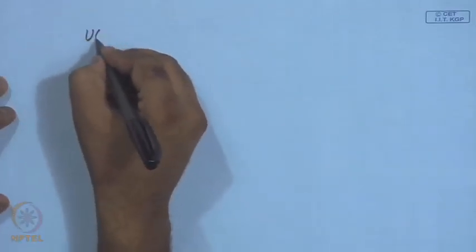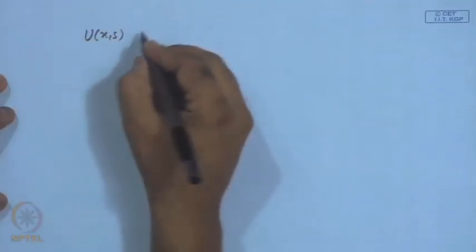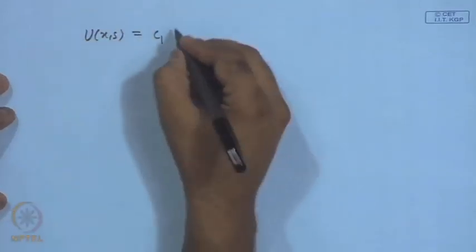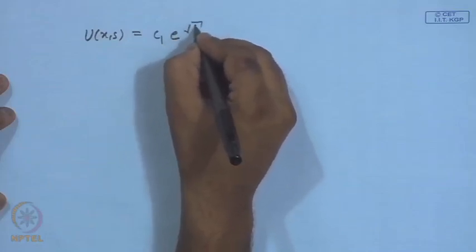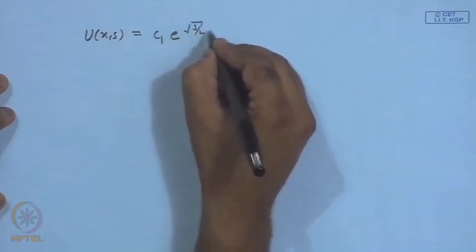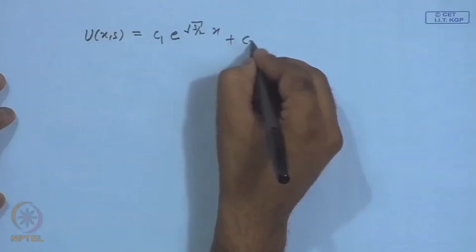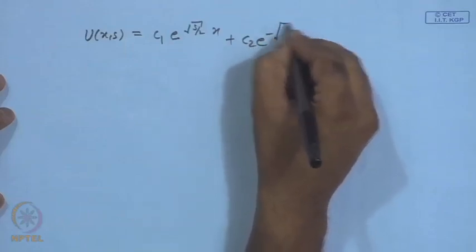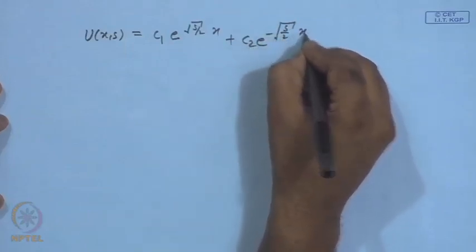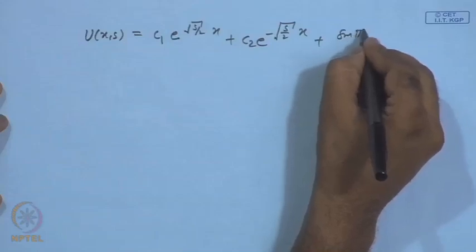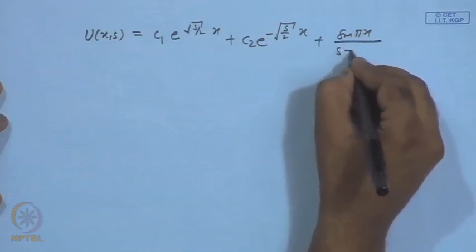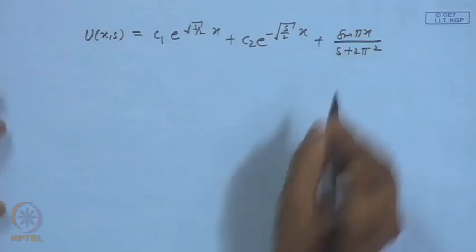So, now the solution is u x s as c1 e to the power square root s by 2 x plus c2 e to the power minus square root s by 2 x plus sin pi x over s plus 2 pi square.